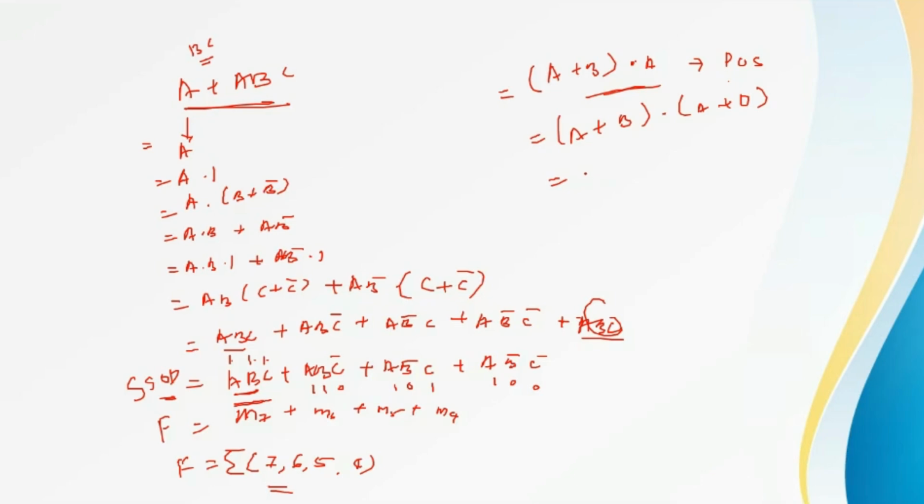Yes, B bar. We want B, right? B is missing here. Now before, it is written as B plus B bar, right? That's it.